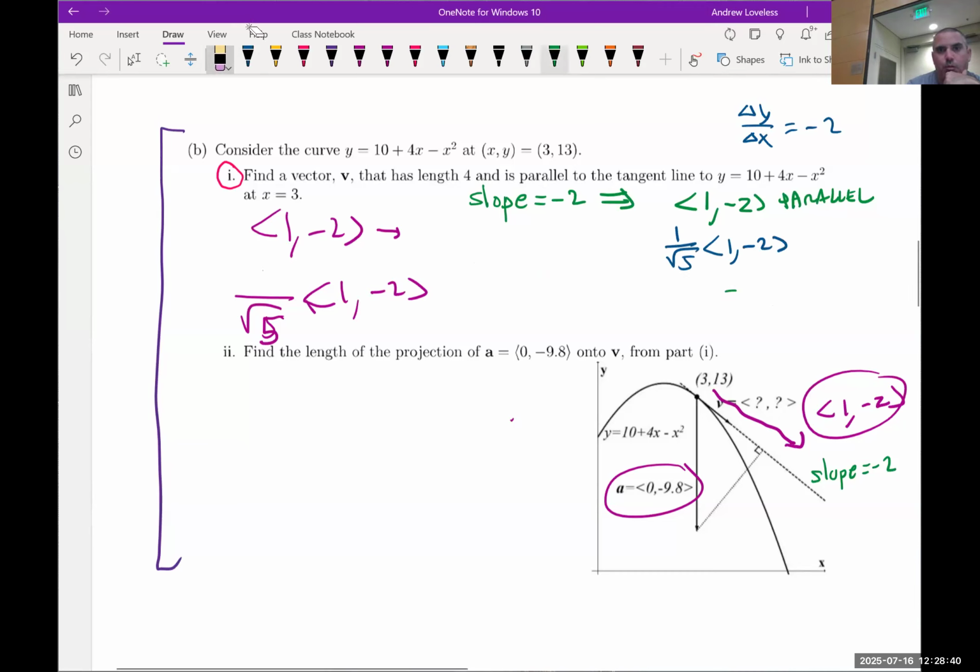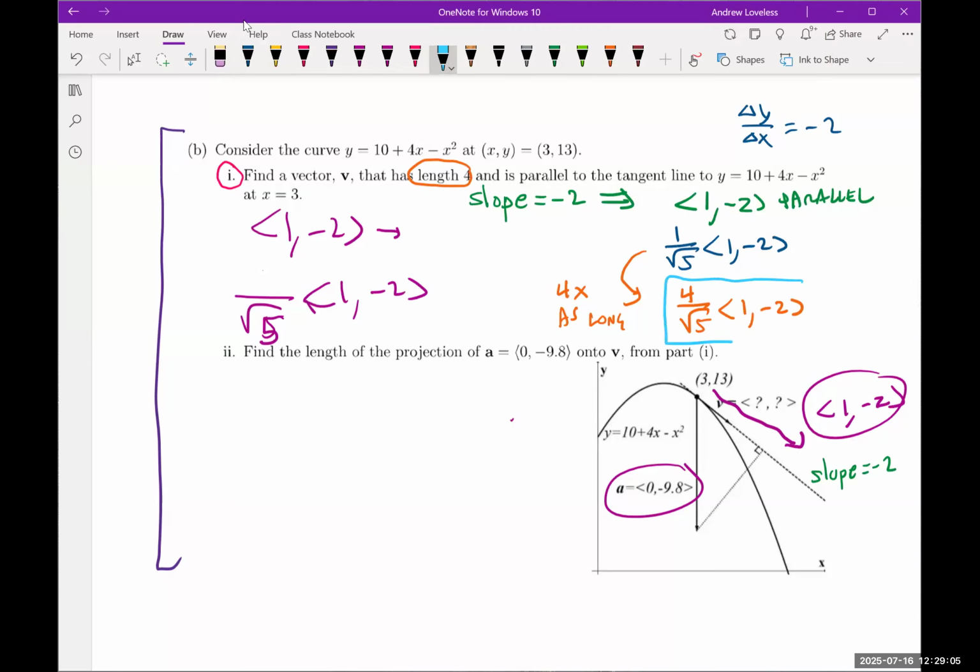And then finally, the question wanted it to be length 4, so I wanted it to be 4 times as long as this. And so I multiplied by 4. Does that make sense? That was kind of a separate part of the question.